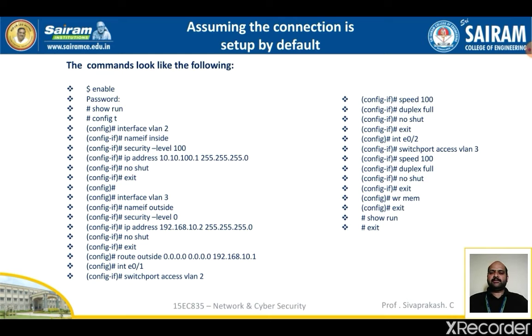Here it shows that VLAN 2 and VLAN 3 have been used. VLAN 2 is for inside, and VLAN 3 is for outside. Meanwhile, the ports have been assigned to VLAN 2 with a speed of 100 megabits per second, and VLAN 3 ports are also assigned here.